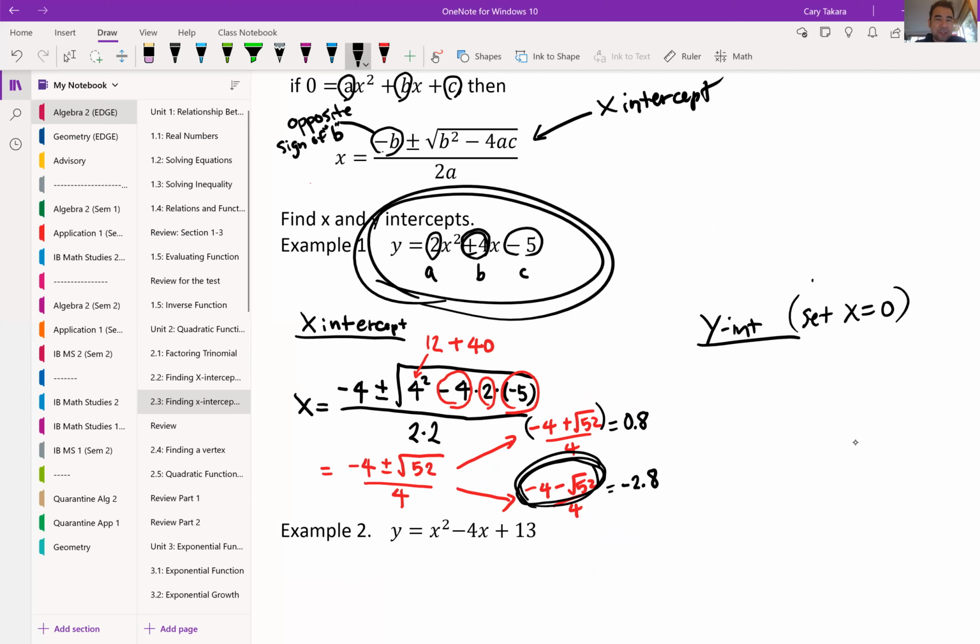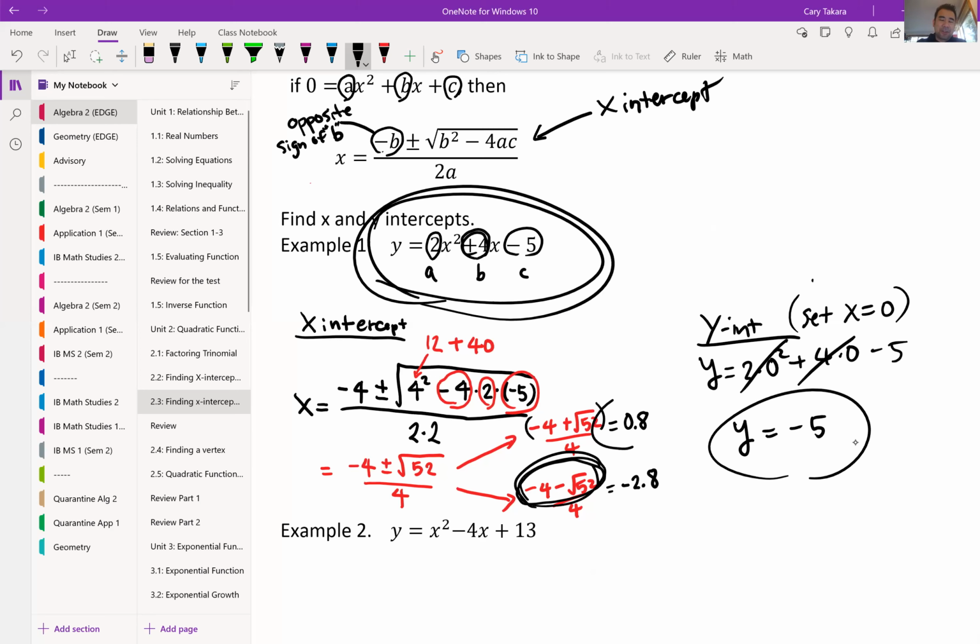Plug 0 into x. And what do you get? Y equals 2 times 0 squared plus 4 times 0 minus 5. That's 0. That's 0. So you're going to have y equals negative 5. Okay, so that's y-intercept. And these are x-intercept.